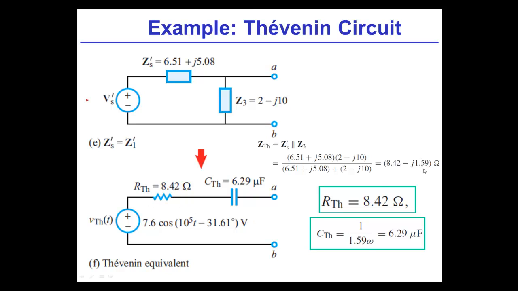And the fact that it's a minus sign, minus J 1.59, should indicate to you that a good way to model it is a capacitor, because the minus J is equal to 1 over J. Right, and so the 1.59 must equal 1 over omega C. Exactly. And I know what omega is, 10 to the fifth, so I can plug it in and calculate it. It works out to be 6.29 microfarads.